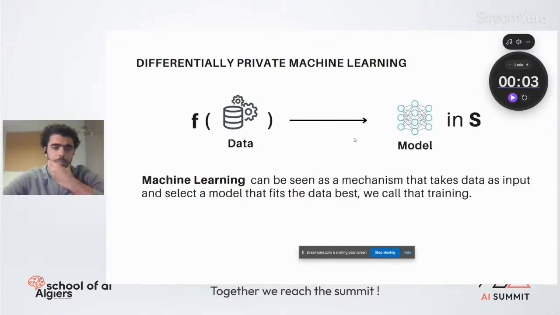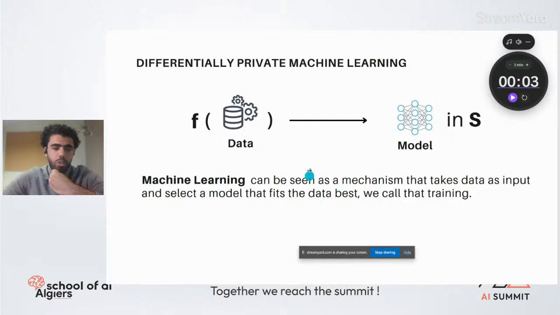So in the context of differential privacy, we know that the process of training a model takes data and outputs a model. If we formalize this process of training, we can consider the training as a mechanism.